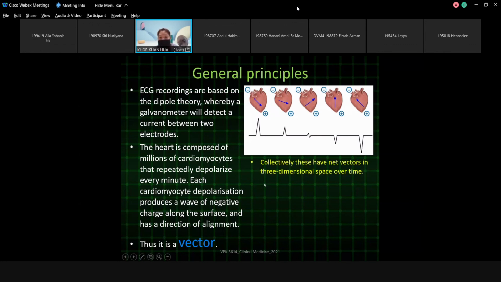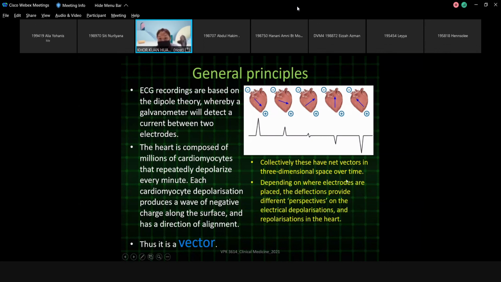Now collectively, they have net vectors in three-dimensional space over time. And depending on where the electrodes are being placed, the deflection will provide different perspective on the electrical depolarization and repolarization of the heart.